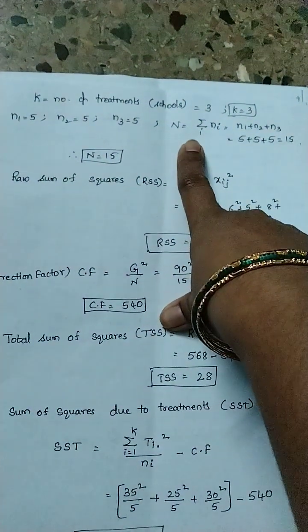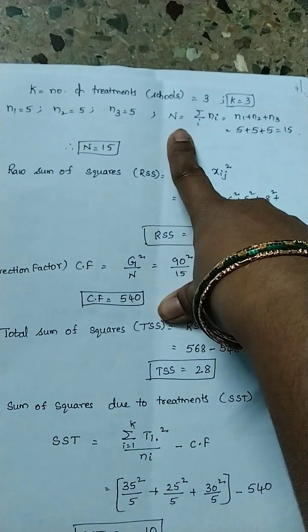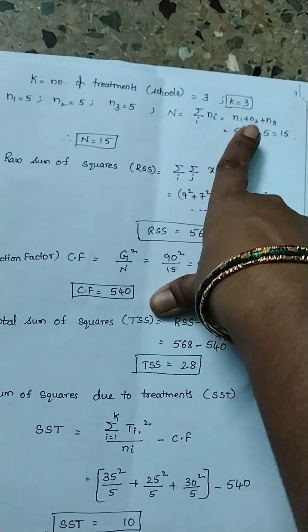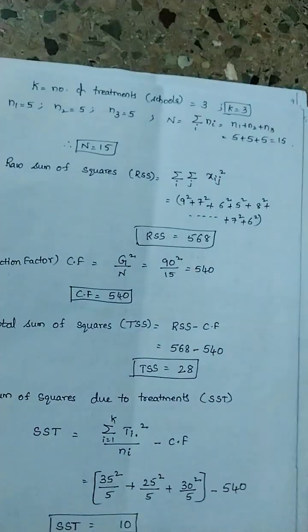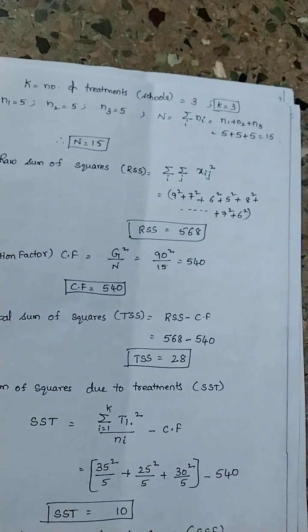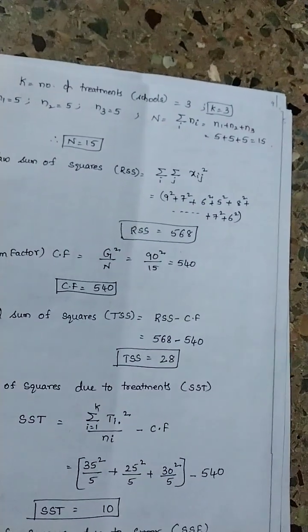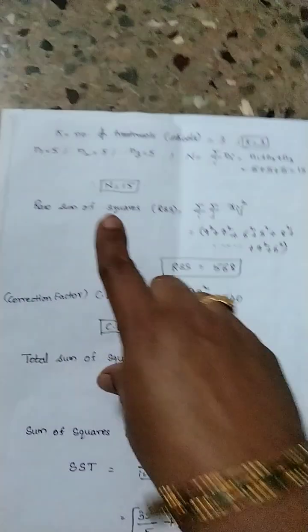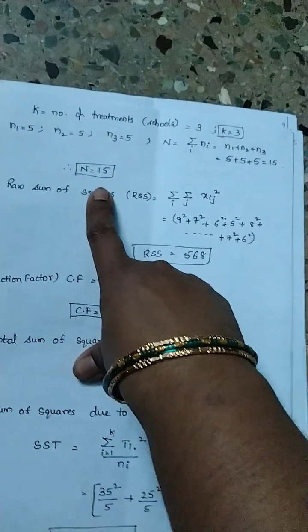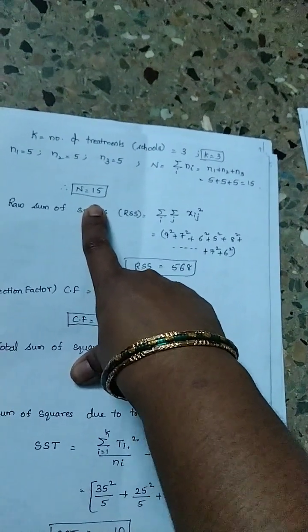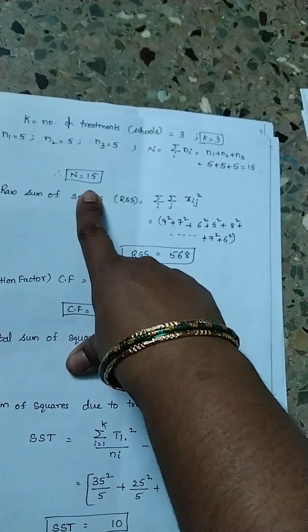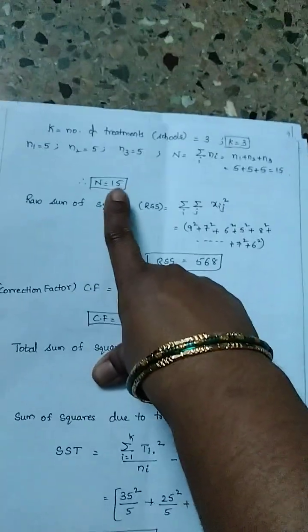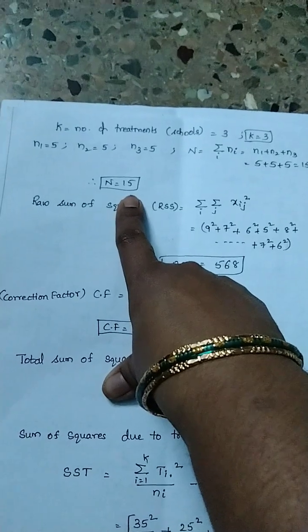How do you find the value of N? N is nothing but n1 plus n2 plus n3. Whatever the values of n1, n2, n3 are, you add them to get the value of capital N. Here each school has 5, so you get N as 15.